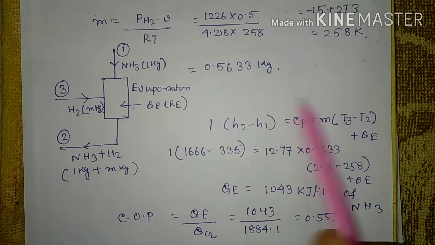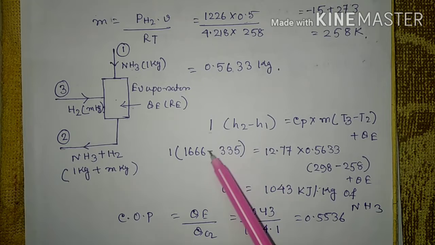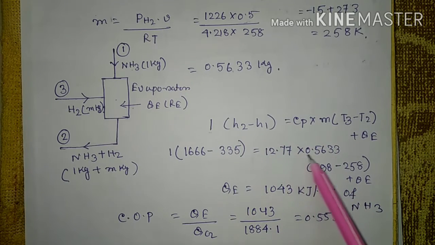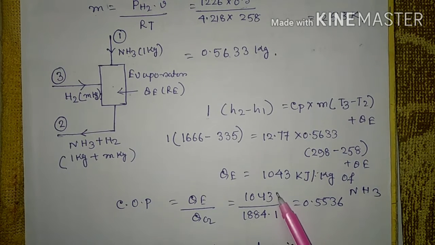This is the main energy balance equation. Put in the values of H2, H1, Cp, M, T3 and T2, and you can get QE, which will be 1043 kilojoule per kg of ammonia.